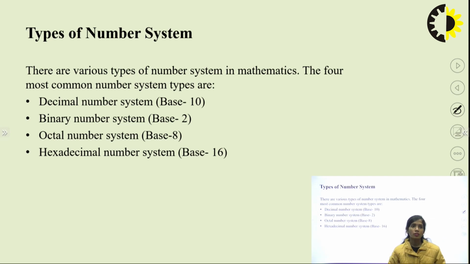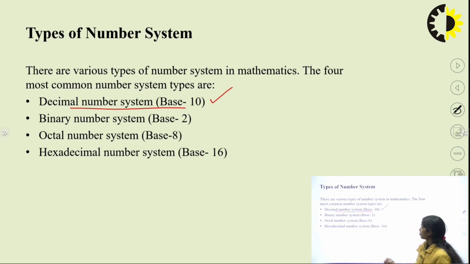As I told you, from childhood we had studied the decimal number system. In mathematics, we generally convey our information in the decimal number system. This is understood by all human beings.